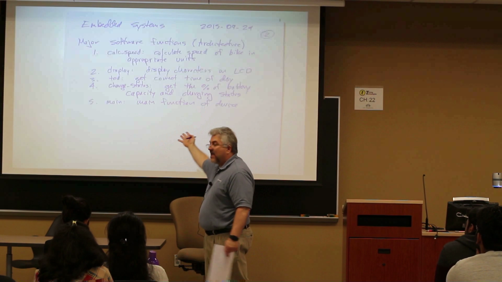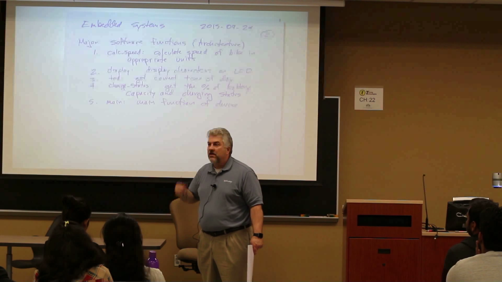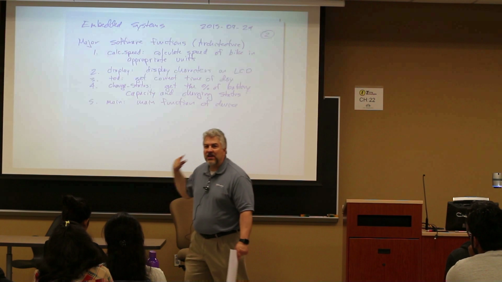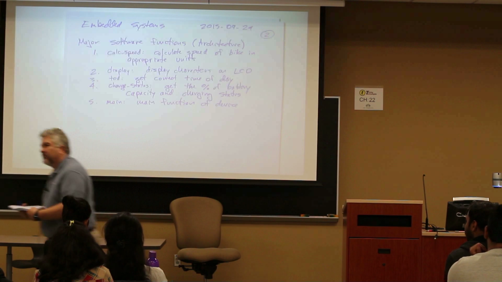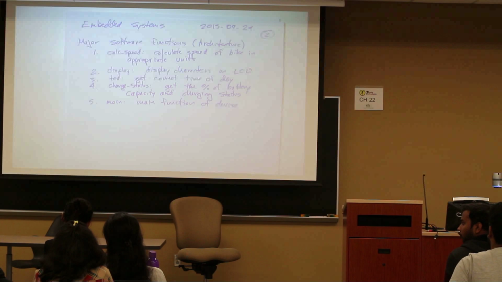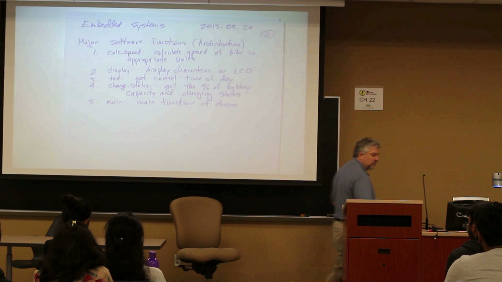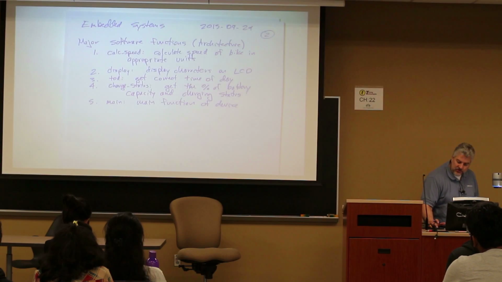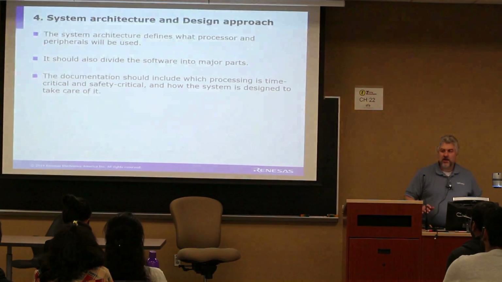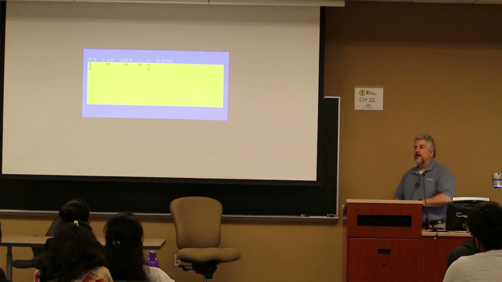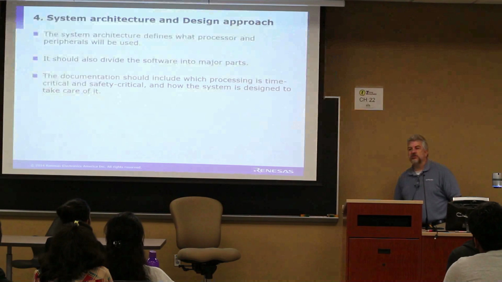As I said, not everything that you want this bicycle timer to do is actually represented up there. You're going to have to include a lot more than this, but that's a good start. You never know when you'll have to answer a question like that on the midterm exam.